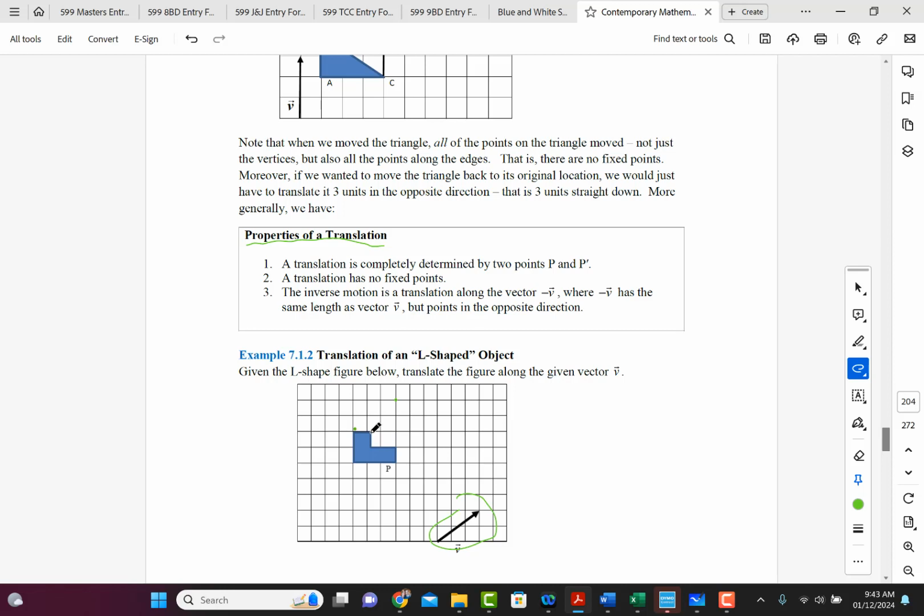And this point here is going to move there. And then this point here moves there. This point here is going to move here. So I'm just taking all the corners, all the points along the vertices, and I'm moving them here the same way.